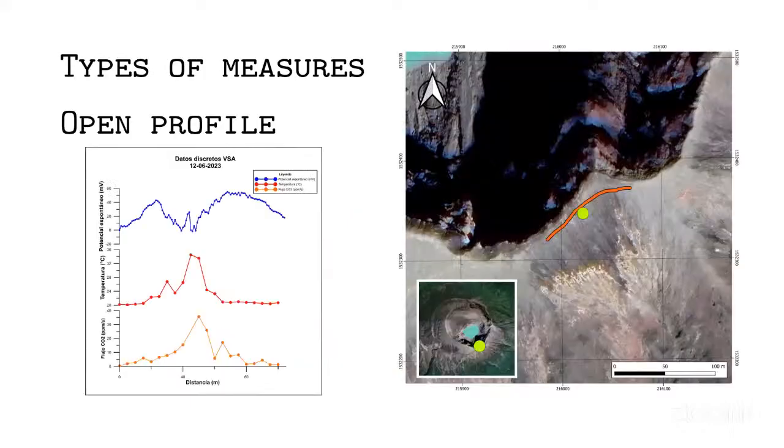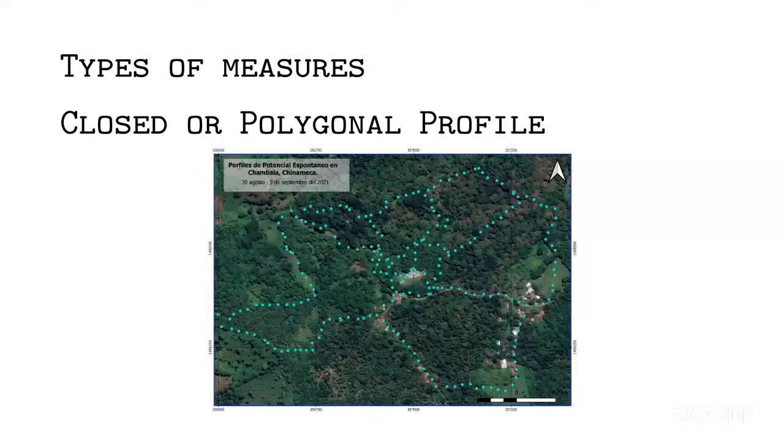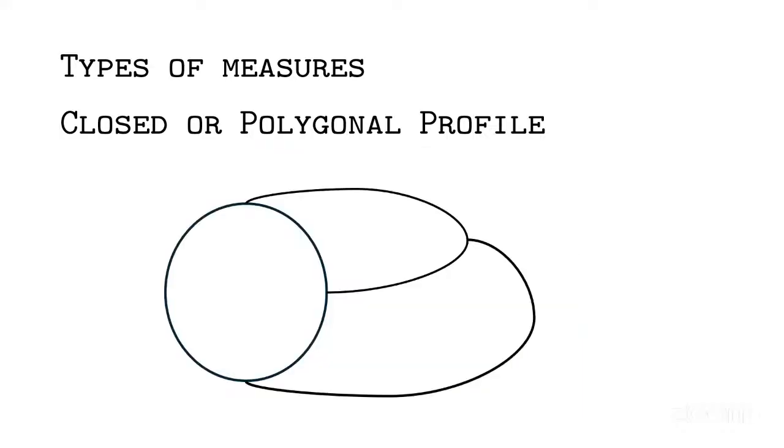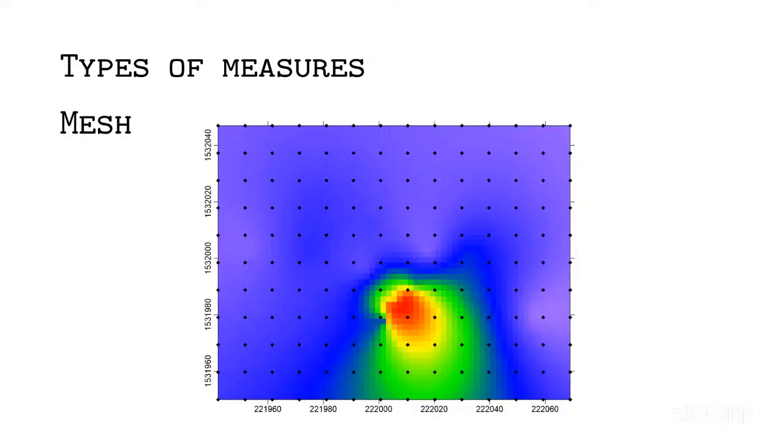We have different ways of measuring the potential in the field. The first is known as open profile, in which the first and the end point are different. Closed profiles, or polygonal profiles, are those in which the start and end points coincide with each other. Other types of measure are meshes.